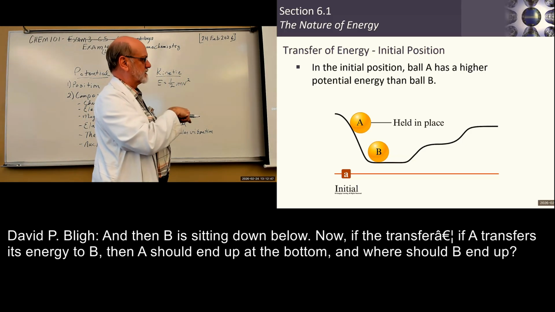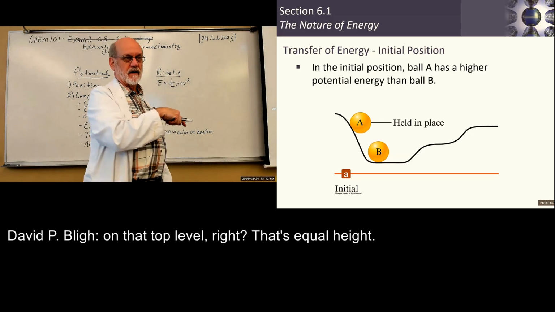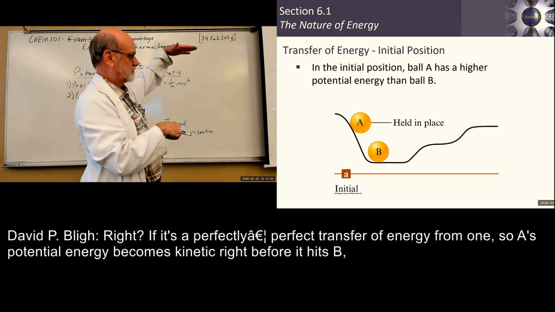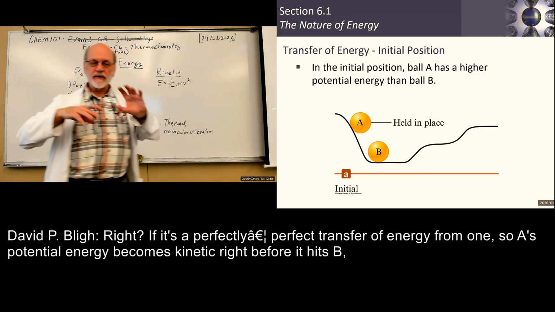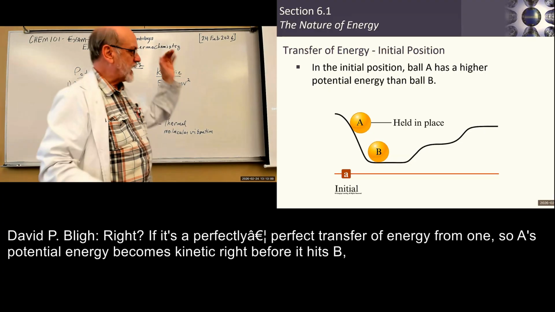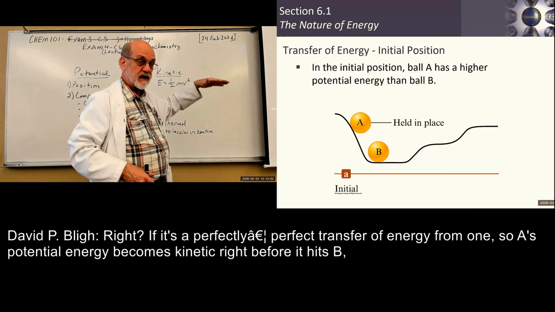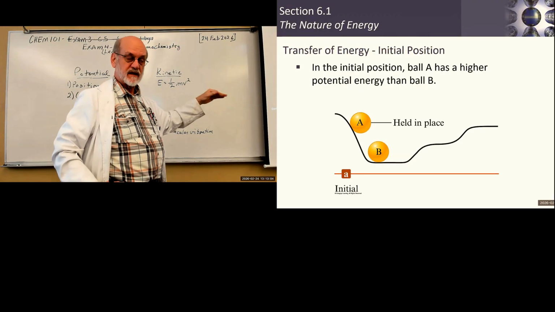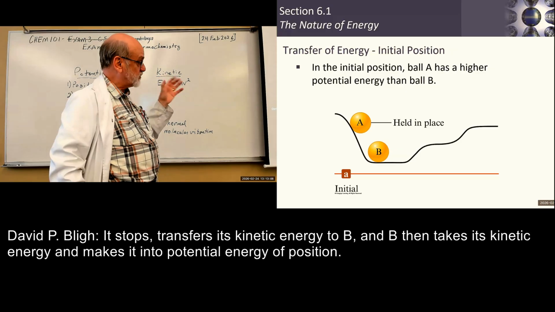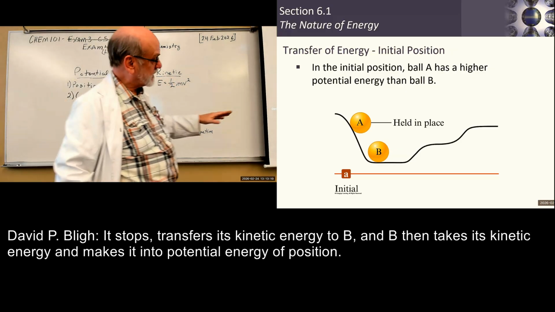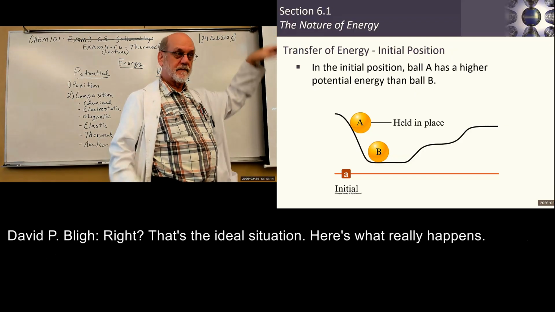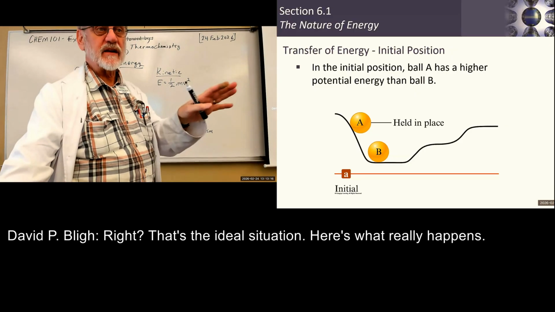And where should B end up? On that top level, right? That's equal height, right? If it's a perfect transfer of energy. So A's potential energy becomes kinetic right before it hits B. It stops, transfers its kinetic energy to B, and B then takes its kinetic energy and makes it into potential energy of position, right? That's the ideal situation.